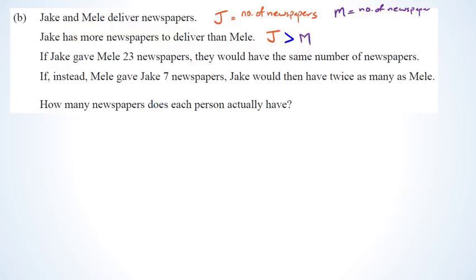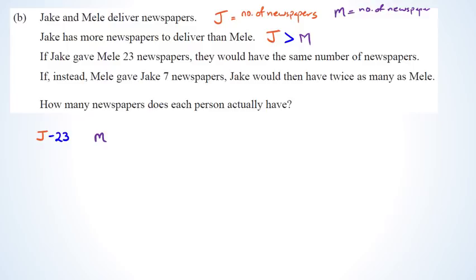Now the third line says if Jake gave Melee 23 newspapers, they would have the same number of newspapers. So think about it like this, all right? Let's say we've got Jake and then we've got Melee. If Jake gives 23 papers, that means whatever papers he originally had, we now have to subtract 23 from it.